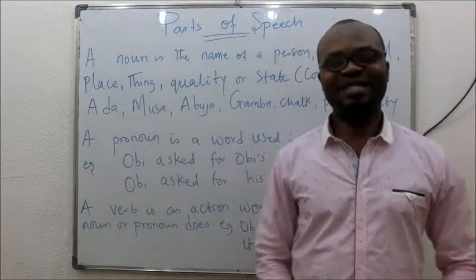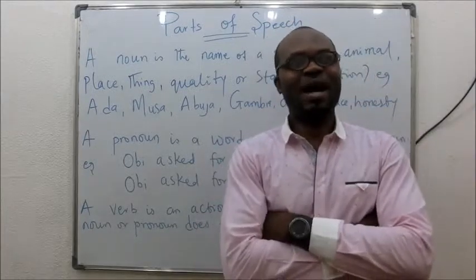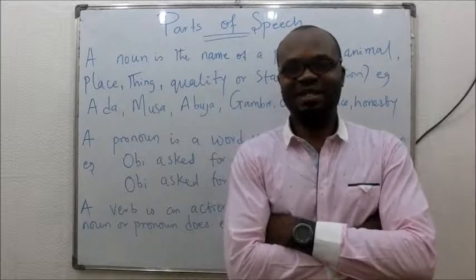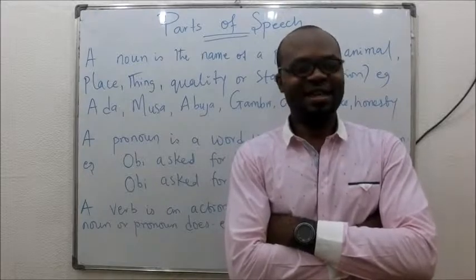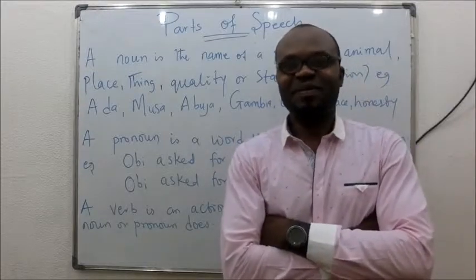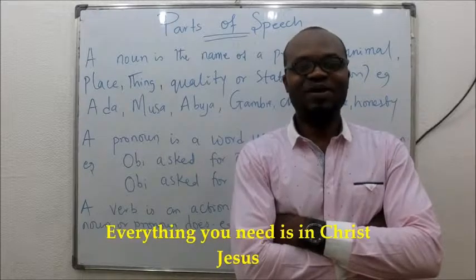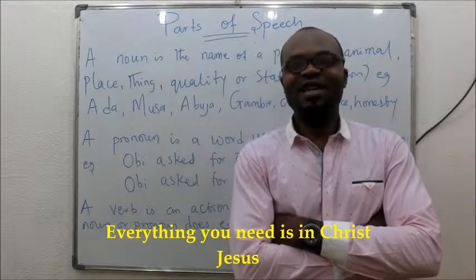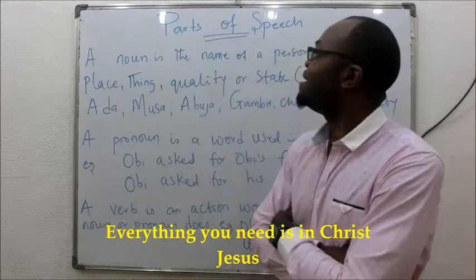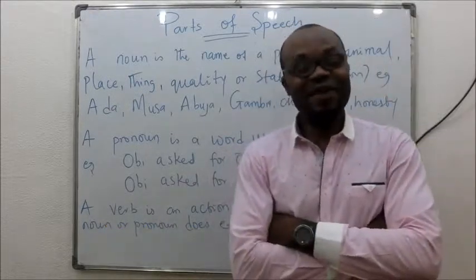Hello, welcome. Today we are going to be looking at parts of speech. Parts of speech. This is a basic topic in English language. And if you're going to be sitting for WAEC, JAMB, or NECO English language, you are supposed to know the basics. And parts of speech is what we are going to be looking at today. Very, very important.